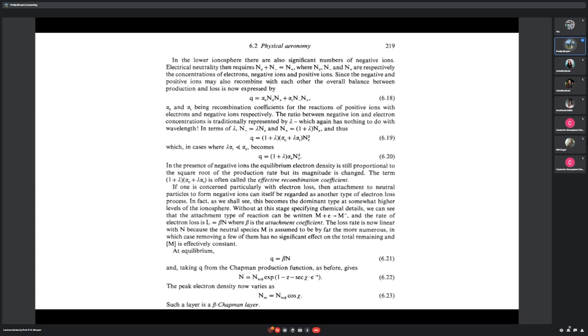So this beta is the attachment coefficient. Alpha is your recombination coefficient, modified alpha is your effective recombination coefficient, and beta is your attachment coefficient. The electron is attached to a neutral species, making it negative.